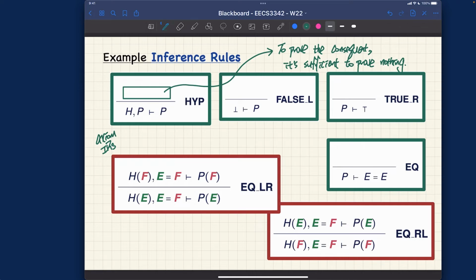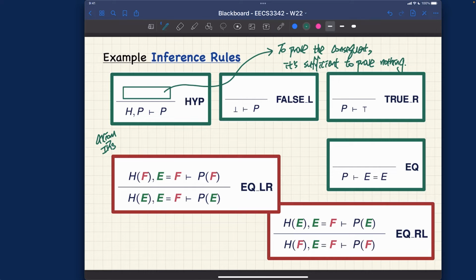And if I say it is sufficient to simply prove nothing, that means the consequence is automatically proved, right? That's really what it means. I'm just trying to help you recall the definition for the inference rule, and you really want to understand what it really means when the antecedent part here is simply absent. That means the consequence sequence can just be discharged automatically without any further justification.